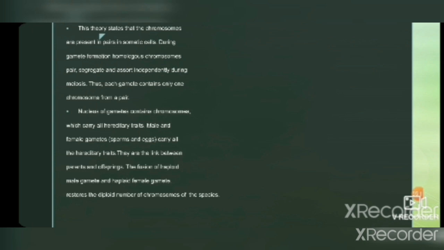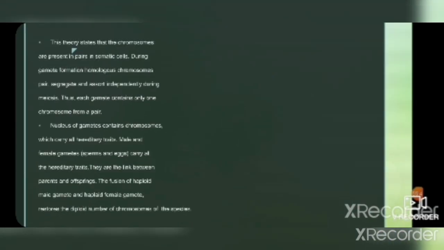The fusion of haploid male gamete and haploid female gamete restores the diploid number of chromosomes of the species.